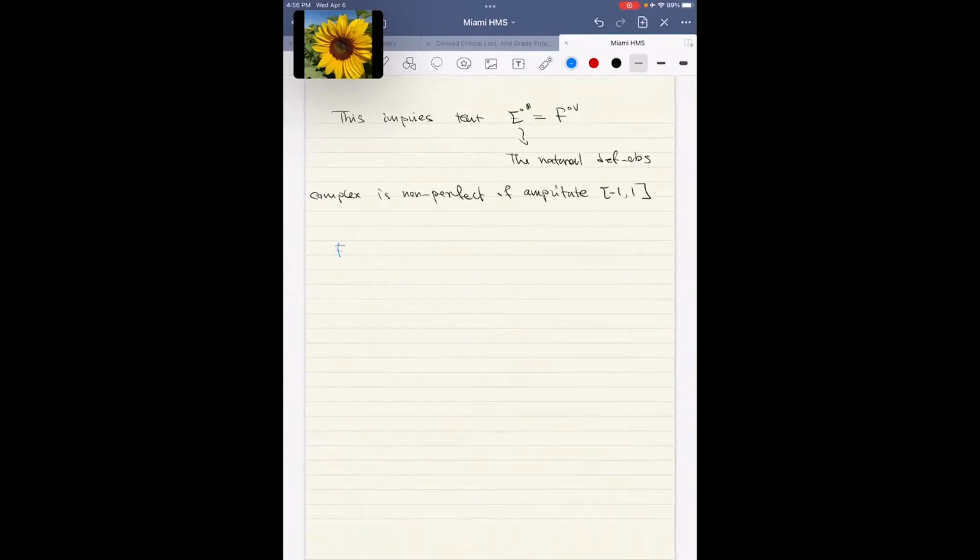So F dot, we realize that F dot is G dot plus D dot plus G dot plus D dot dual.